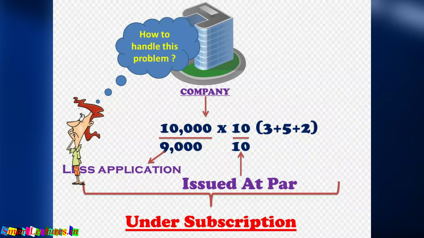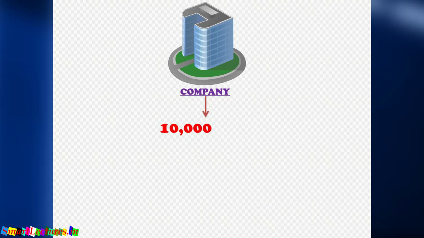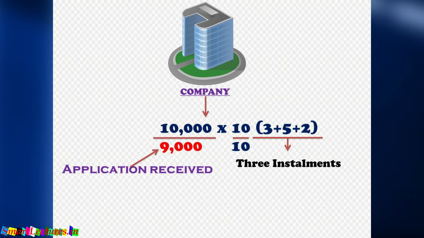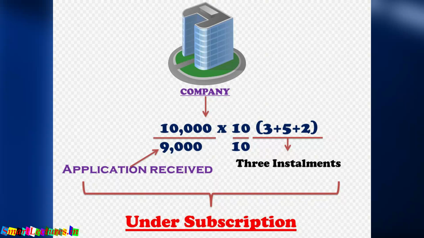It's quite easy. Let me start the question again. Company issued 10,000 shares of rupees 10 each, at par, and the money was payable in 3 installments, 3 plus 5 plus 2. Applications received were 9,000. This is under subscription.